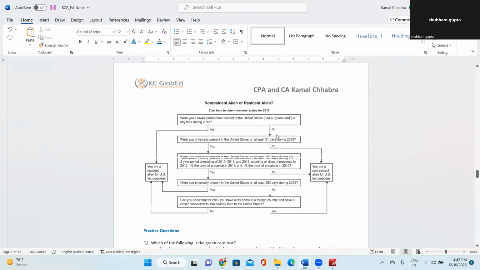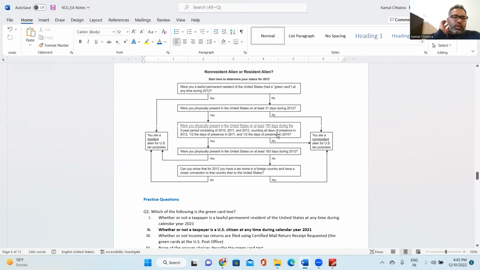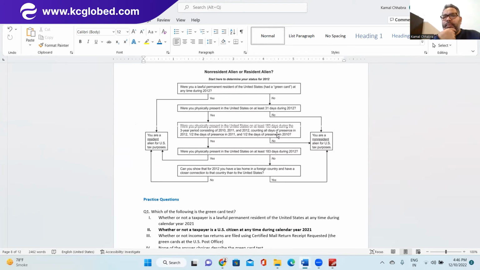Yes. So now there is a small chart over here. This is like an extraction from the IRS textbook itself. So that helps you in identifying the residential status, whether a person is a citizen, a non-resident alien, or a resident alien.